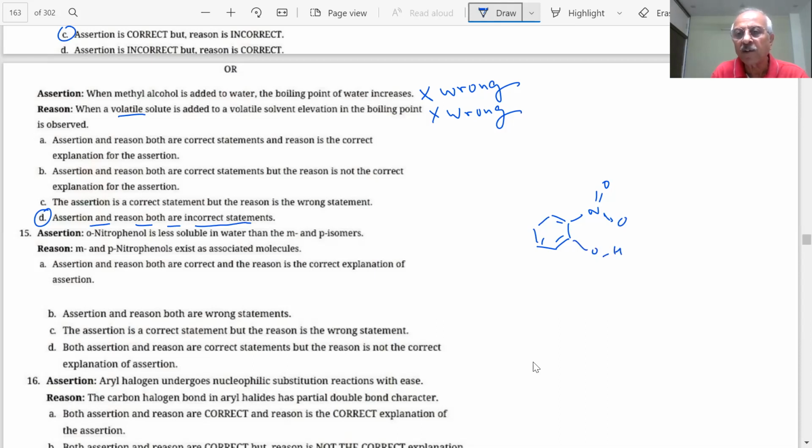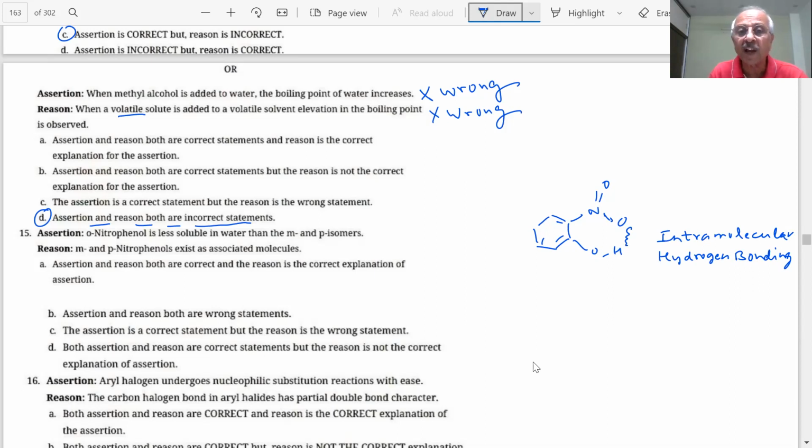At the ortho position, there is intramolecular hydrogen bonding. Intramolecular hydrogen bonding takes place within the molecule.